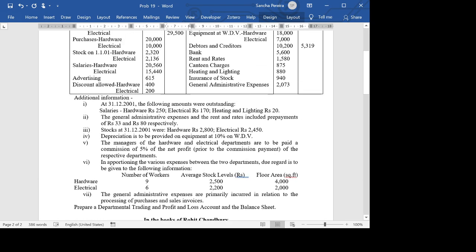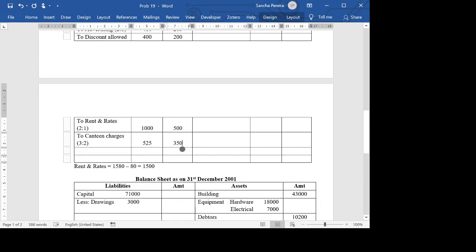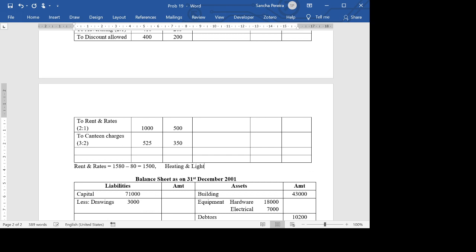Then there is heating and lighting. We have an adjustment to this. Heating and lighting, 880 and 20. Okay, so outstanding is 20. So when we are dividing heating and lighting, it will be 880 plus 20. Why have I added 20 here?